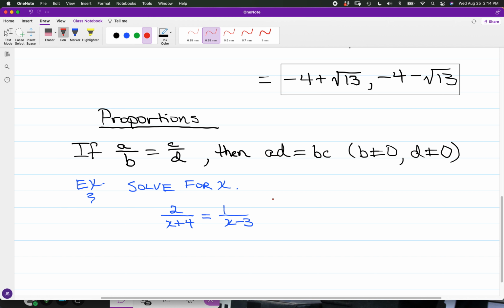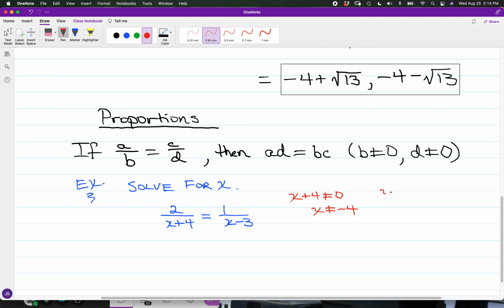First of all, whatever we have for x, we cannot have 0 denominator values. So you cannot have x plus 4 be such that we end up with 2 over 0. So x plus 4 cannot be 0, so we cannot have x equal to negative 4.